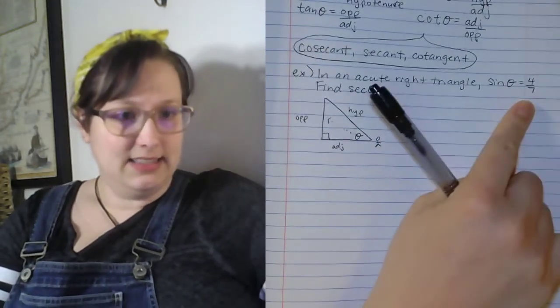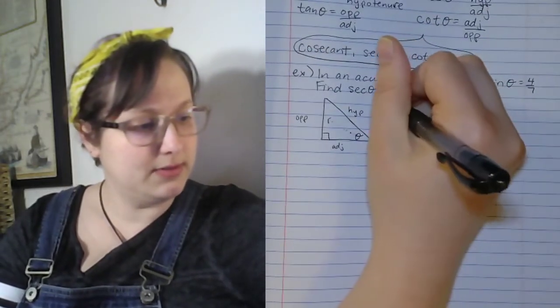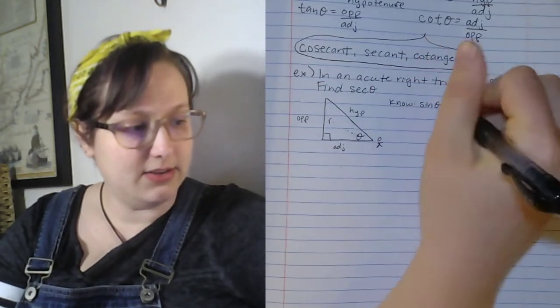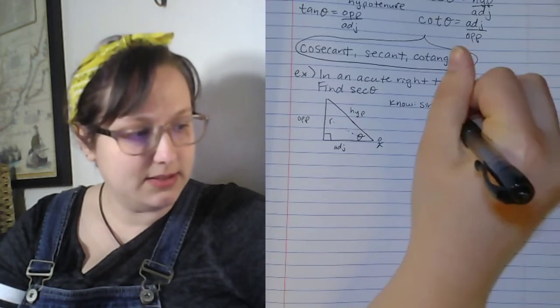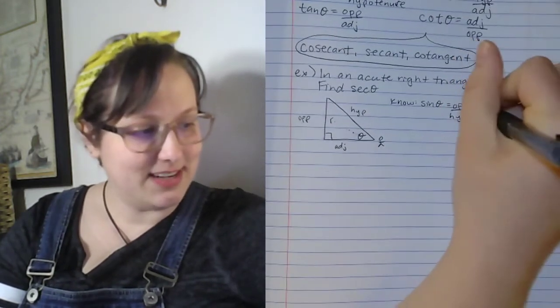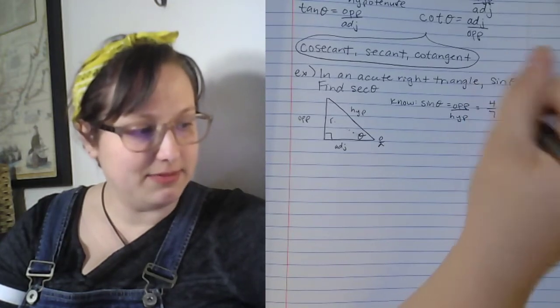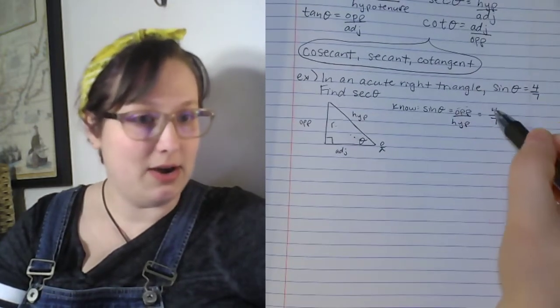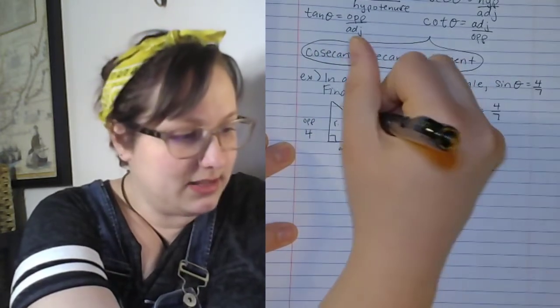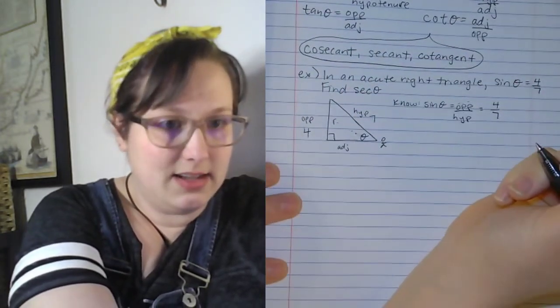Because it's sine, we know sine of an angle is opposite over hypotenuse. And we know sine of this angle is 4/7. So I know right away that the opposite side from theta is 4, and the hypotenuse length is 7.